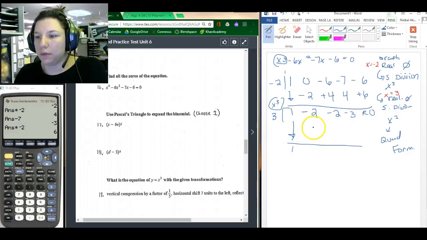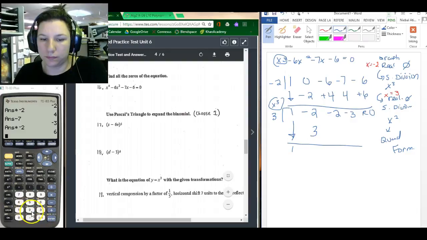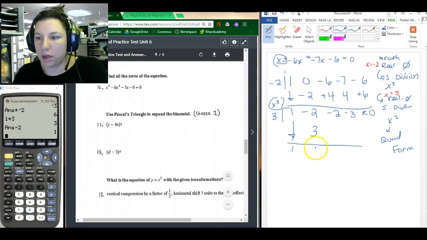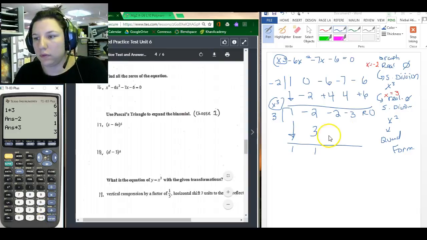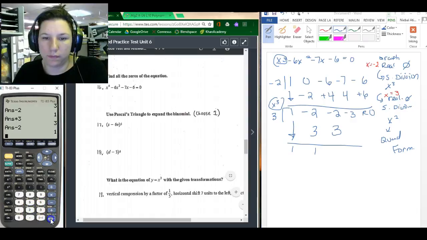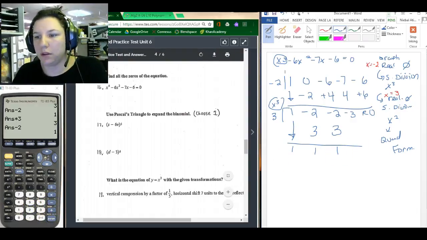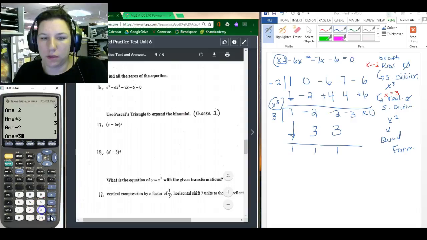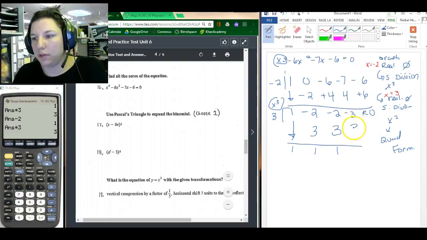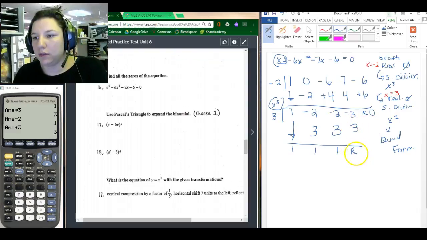1 times 3 is 3, minus 2, we get 1 times 3, we get 3, minus 2, we get 1 times 3, we get 3. 3 minus 3 is a remainder of 0.